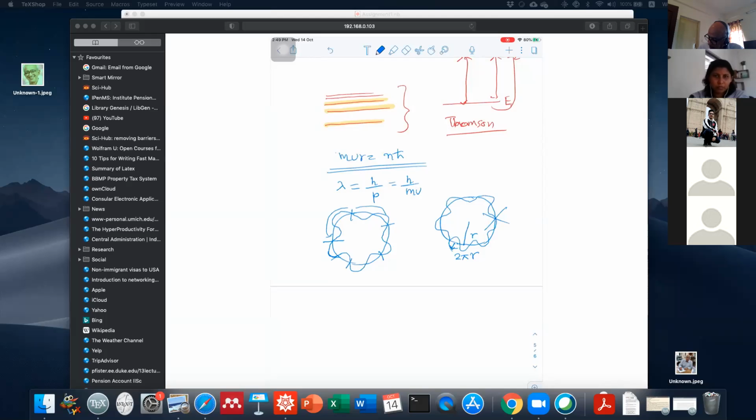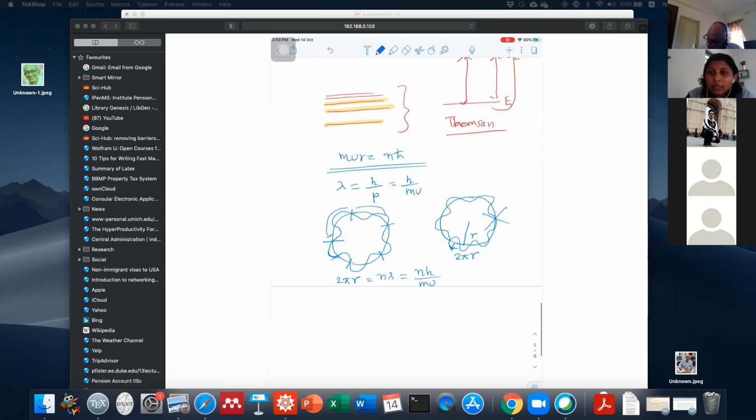And therefore, what is the condition? n lambda must be equal to 2 pi r. Is that clear? Yes, sir. And how much is lambda? That is n into h divided by m into v.